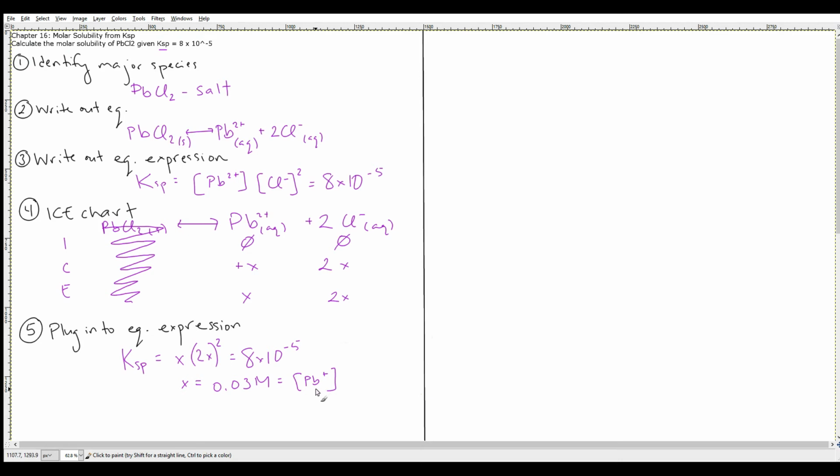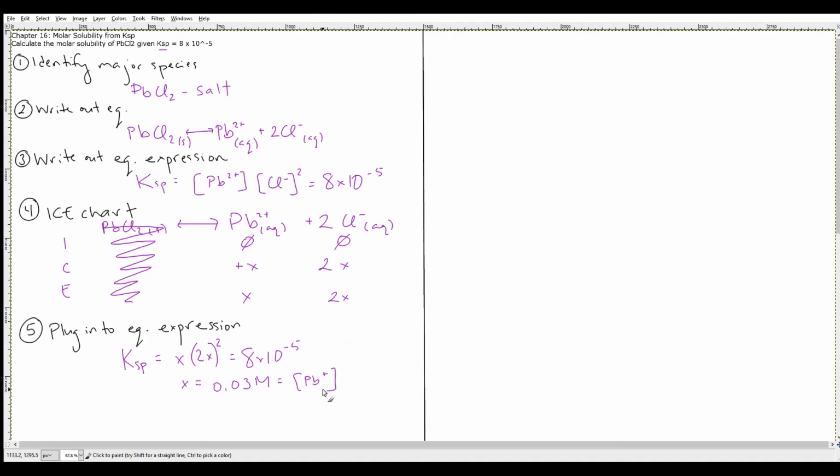So if we want to know the molar solubility, we first figure out, okay, how much of my ions do I have at equilibrium. That'll tell me how much was able to dissolve. So I know 0.03 molarity of lead was able to dissolve.